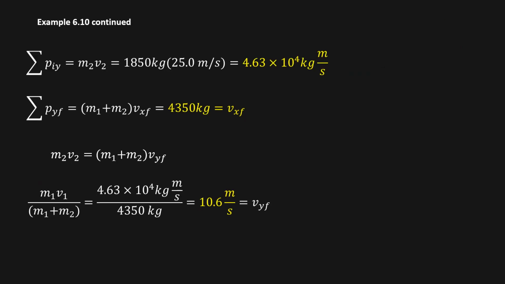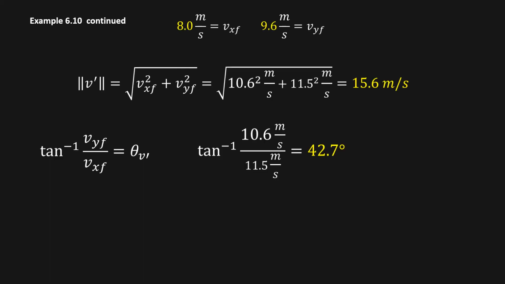And then we continue with the y. We get our equation by equating those two, and then we solve for Vyf. So we have 15.6 meters per second for the final velocity, and then we have the angle, 42.7.